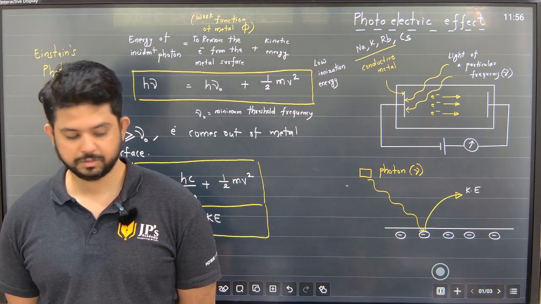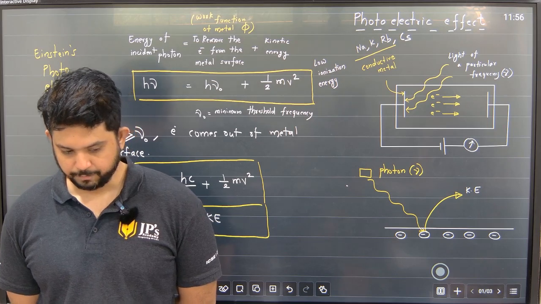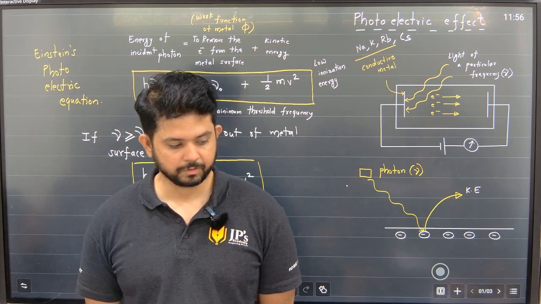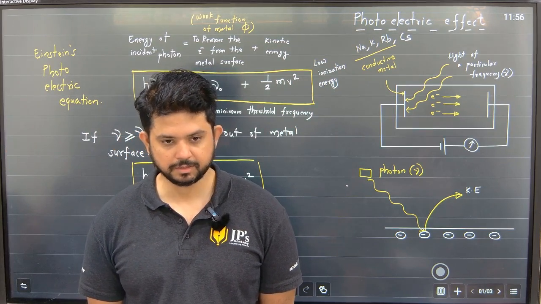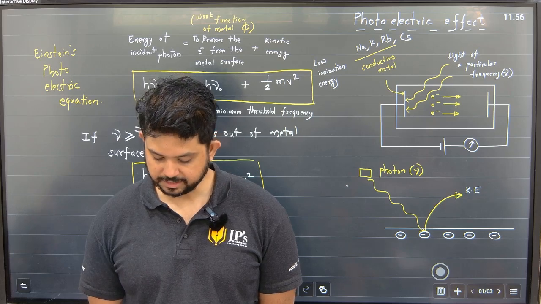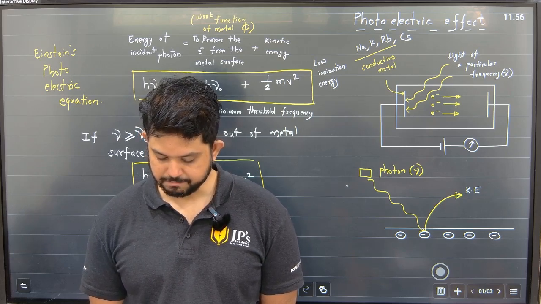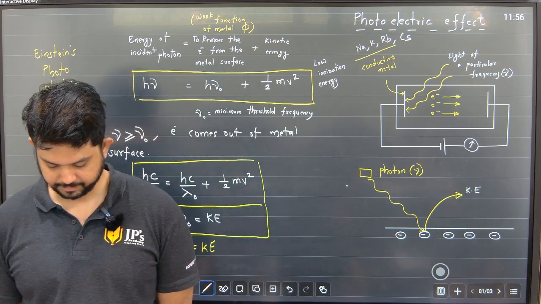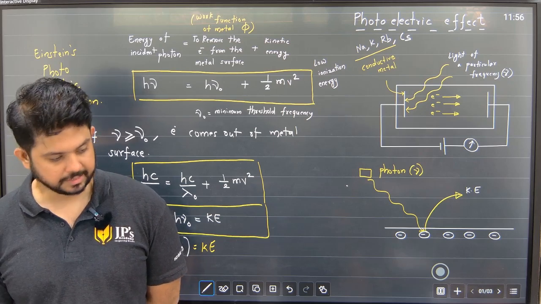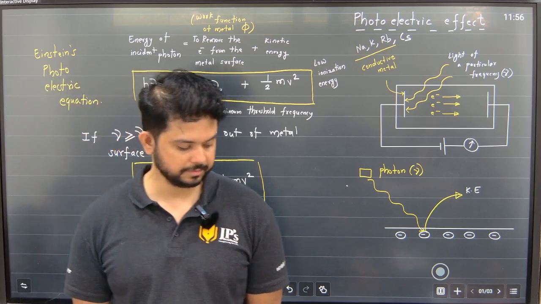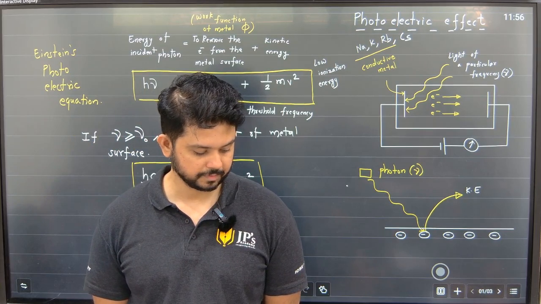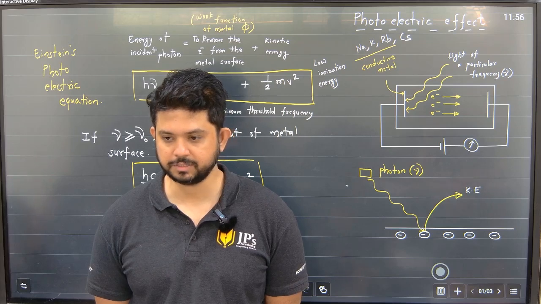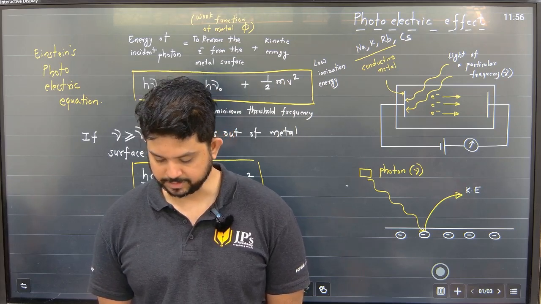Next point. For each metal, there is a characteristic minimum frequency, known as threshold frequency.